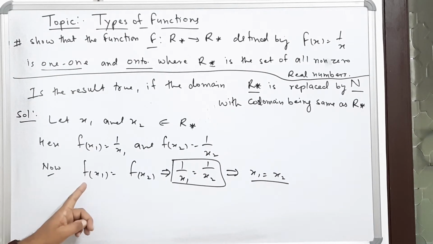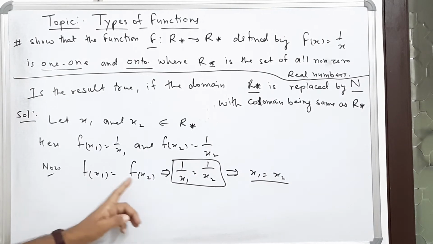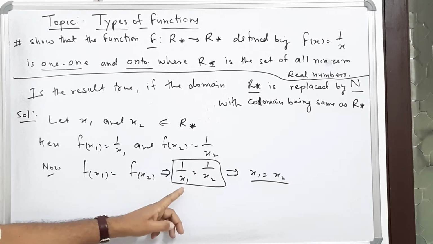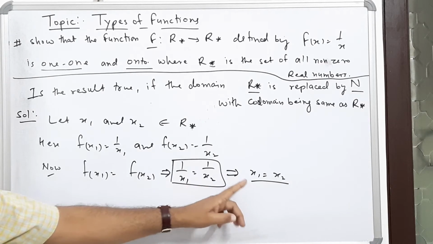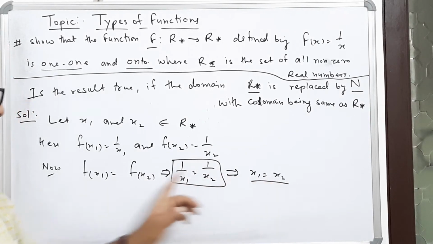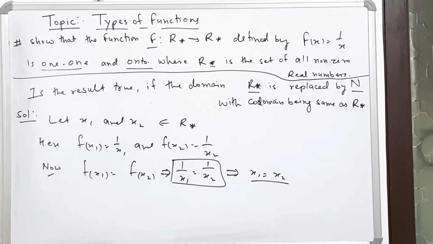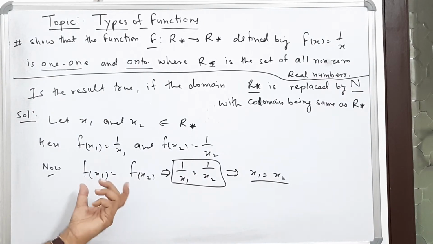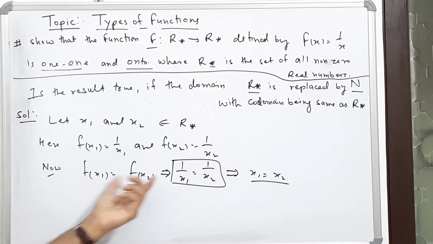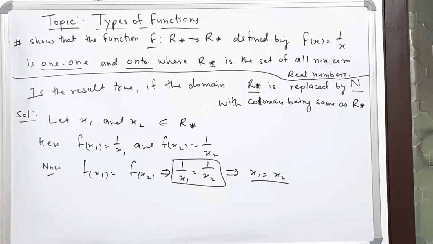So we can say that if f(x1) is equal to f(x2), it means x1 equals x2. That is, when two elements are equal, their images are also equal, or when two images are equal, then their pre-images are also equal.